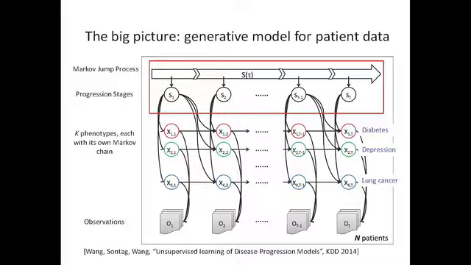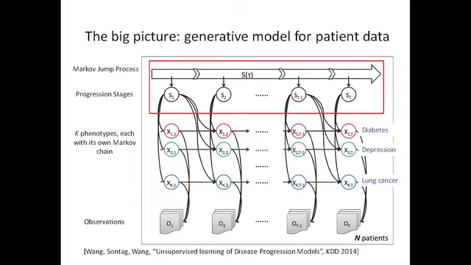And moreover, we're not going to assume that we have a lot of longitudinal data for a patient. In particular, COPD evolves over 10 to 20 years, and the data that we'll be learning from here has data only over a 1 to 3 year time range. The challenge will be, can we take data in this 1 to 3 year time range and somehow stitch it together across large numbers of patients to get a picture of what the 20-year progression of the disease might look like?